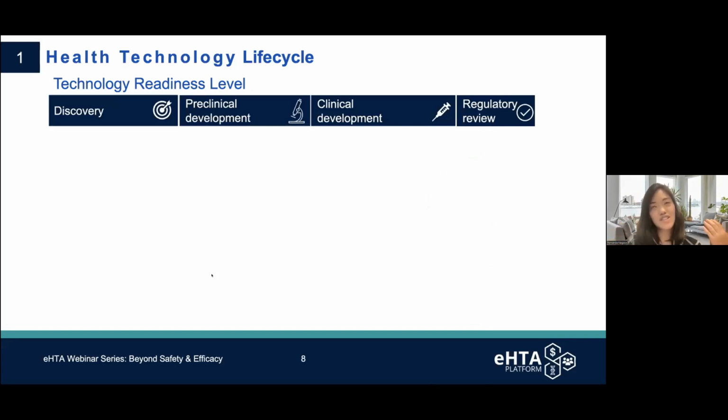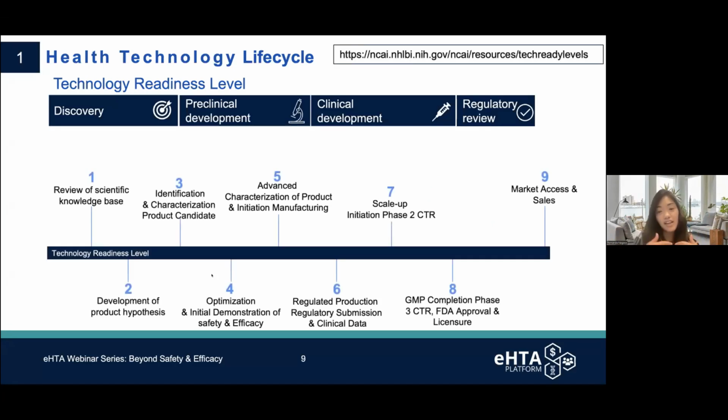Now, this is just one way that you can show the health technology life cycle. Another way to describe the progression of technology is through the technology readiness level, shown in this slide. The technology readiness level, or TRL, was originally developed by NASA in the 70s, which is a fun fact, to measure the maturity level of technologies using a scale from 1 to 9, with 9 representing the highest level of maturity.